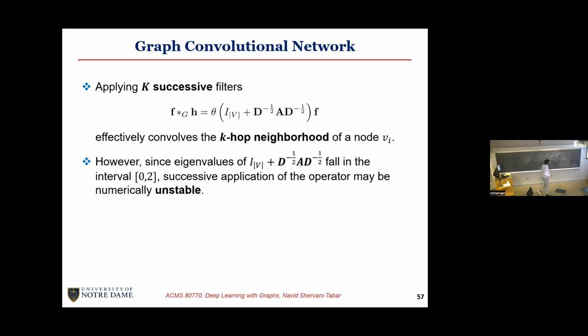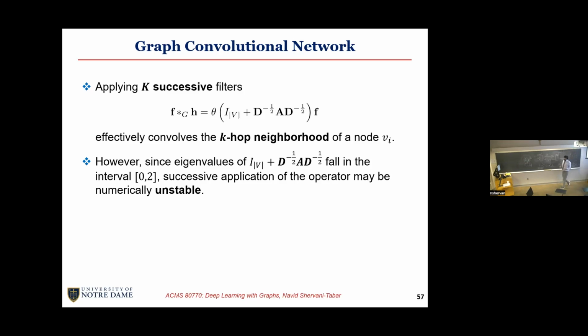Now what happens is that if I apply multiple of these, because the eigenvalues of this term are outside of the range 0 to 1, it's going to be unstable. And we don't want that instability. This problem is because we are stacking too many of these.